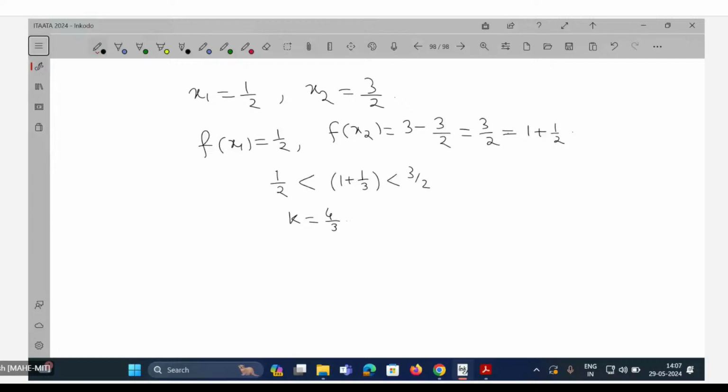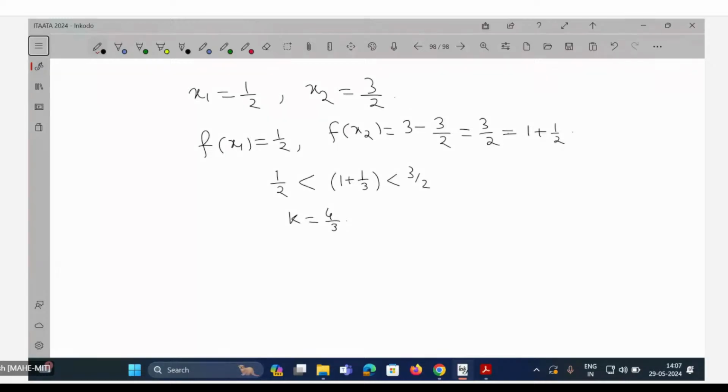Now what is the pre-image of 4 by 3? It's not necessarily true that it will have a pre-image, so let's see. If we have an x or c in between 0 and 1, you cannot have 4 by 3 because 4 by 3 is greater than 1.